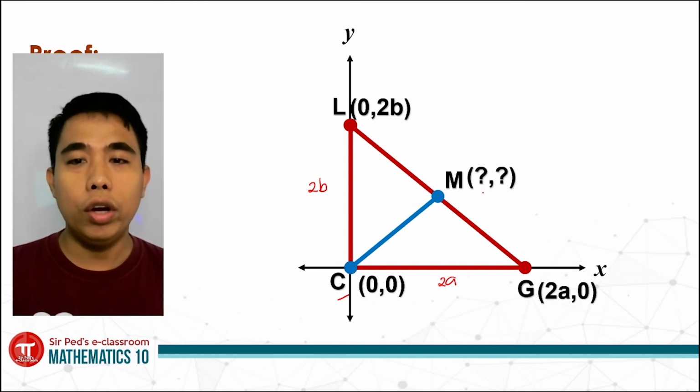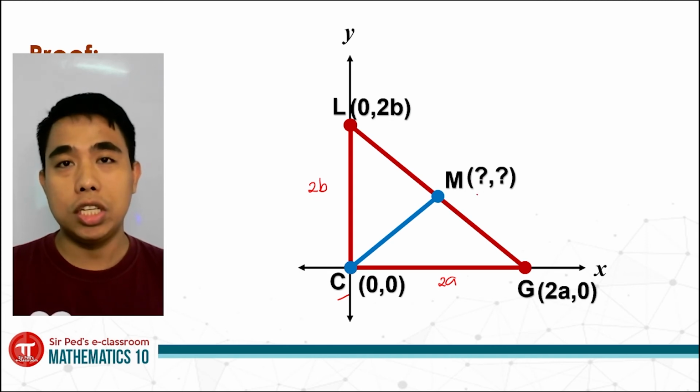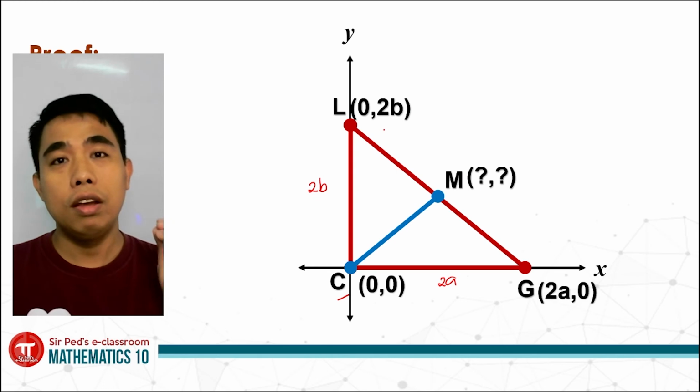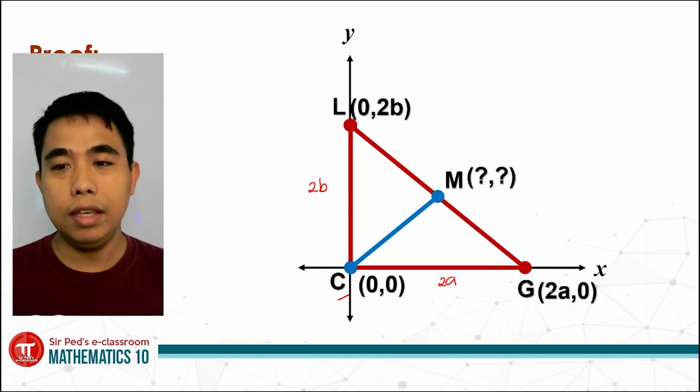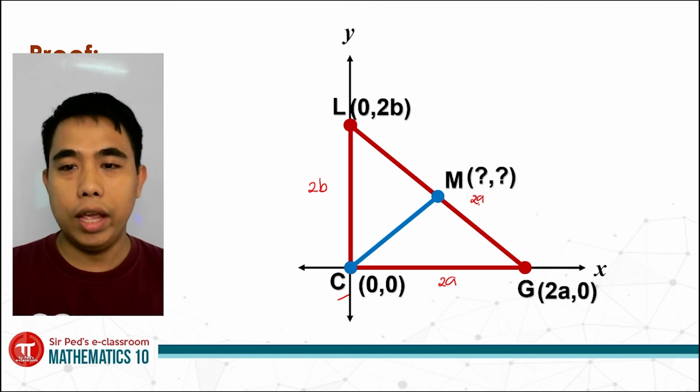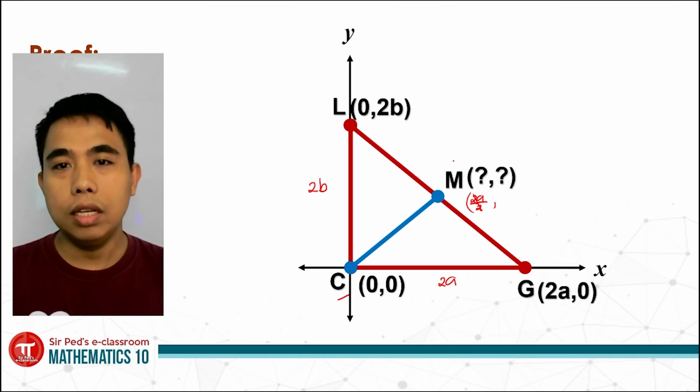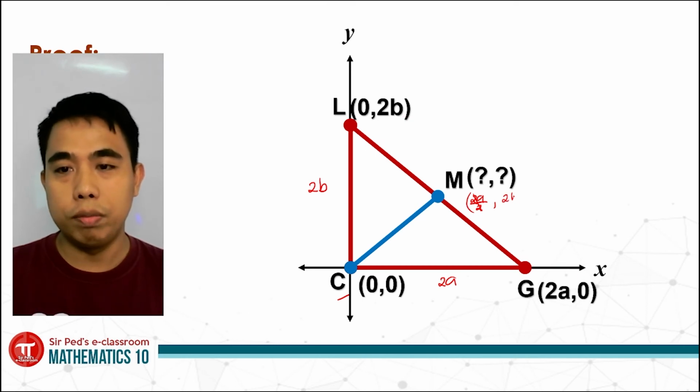And then the coordinates of M, since M is the midpoint of LG, then we apply the midpoint formula. So 0 plus 2a, that is 2a, divided by 2, that is equal to a. And then the y-coordinate of the midpoint will be 2b plus 0, that is 2b, divided by 2, that is equal to b.